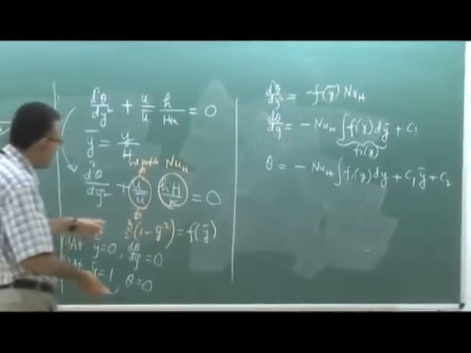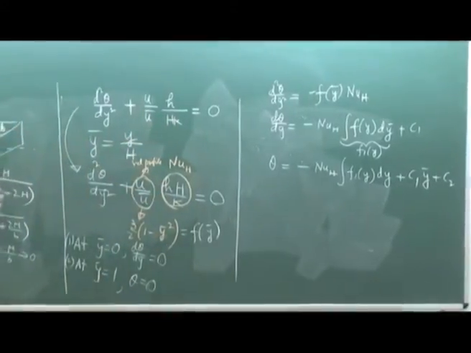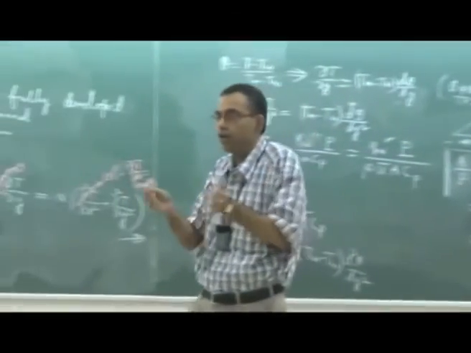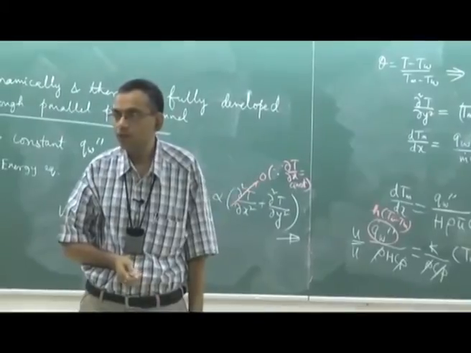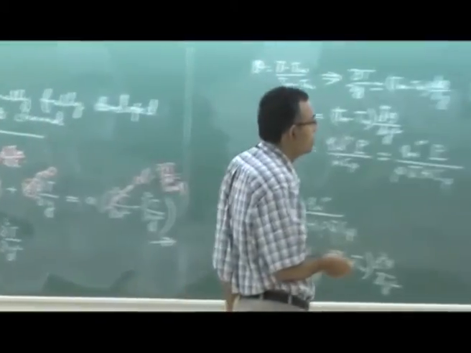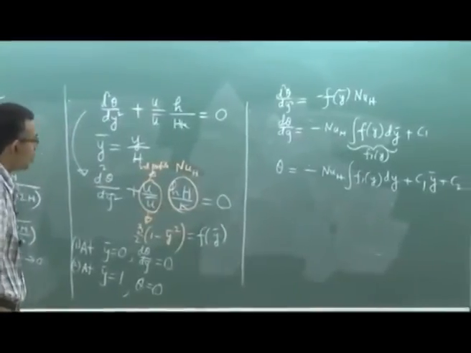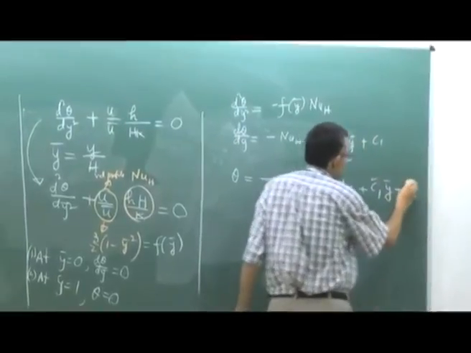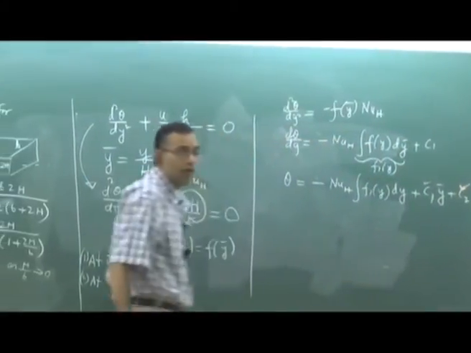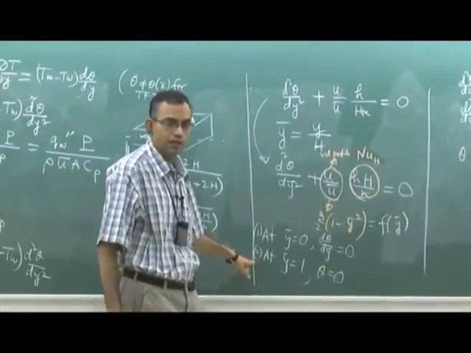This integration is very easy because this is a simple polynomial. I do not waste time by doing the integration. I want to give you the framework in which you can just put the numbers and values. So you can evaluate the constants C1 and C2 by using these two boundary conditions.